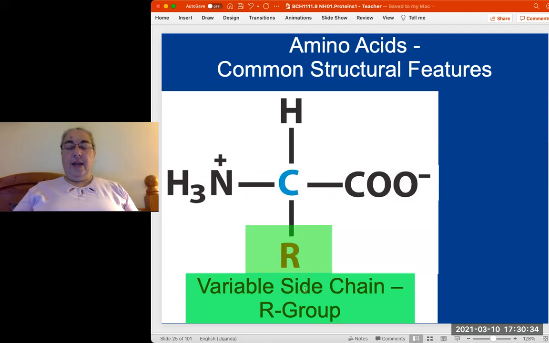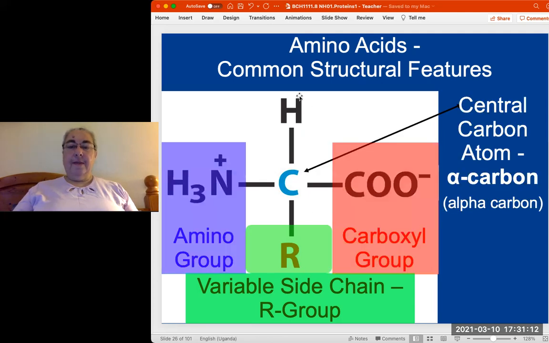And here we have something that's labeled as R. That stands for a variable side chain, or R group. I said that each amino acid is the same, but this is the bit that's different in each amino acid. So every amino acid has the amino group, the carboxyl group, a hydrogen atom here, but the R group is different on each one, and that's why we have different amino acids.